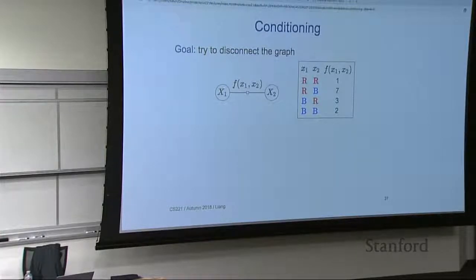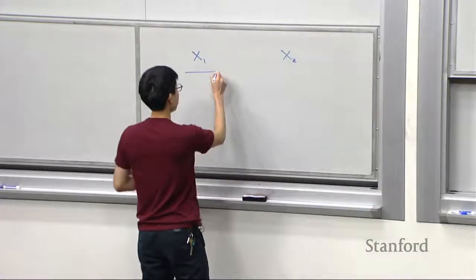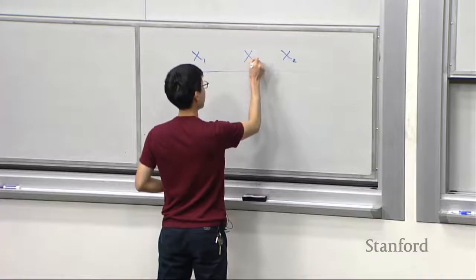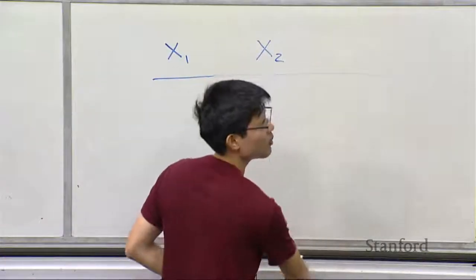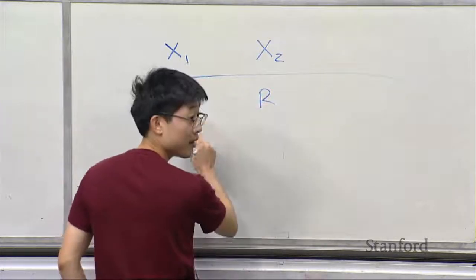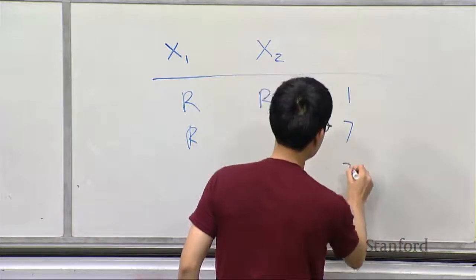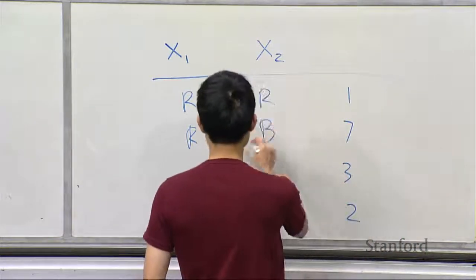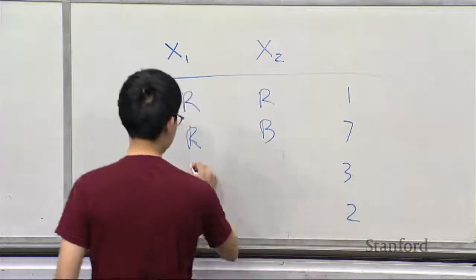So what have we got here? RR, RB, 1732. And then we have BR and BB.